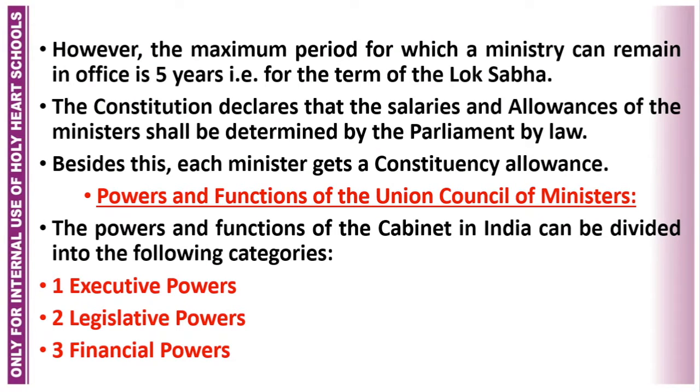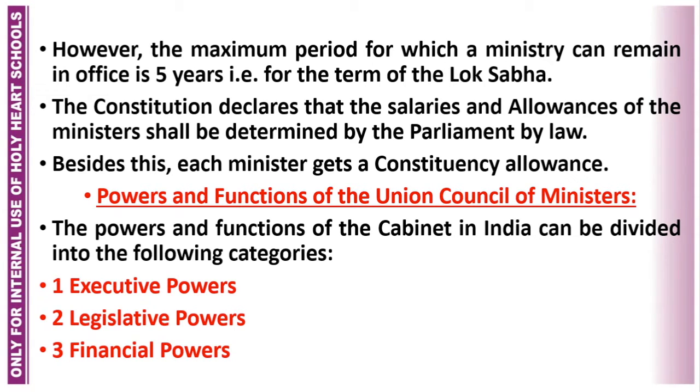Executive is a part of a legislature. However, the maximum period for which a ministry can remain in office is 5 years. That's for the term of Lok Sabha. The Constitution declares that the salaries and allowances of the ministers shall be determined by the Parliament by law.